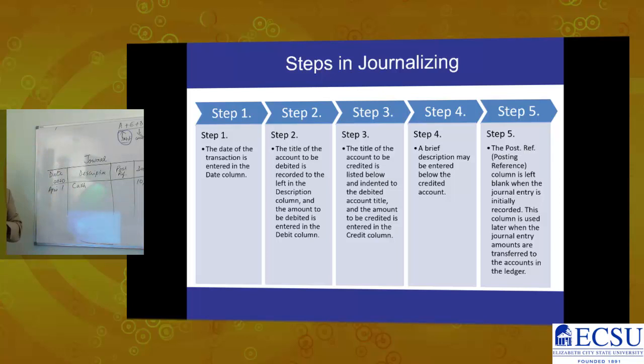The third step is that the title of the account to be credited is listed below, and remember, it is indented relative to the debited account title. What is indenting? Basically leaving a space. So I might start writing here, somewhere here, capital. This is something accountants have been doing for several years now.